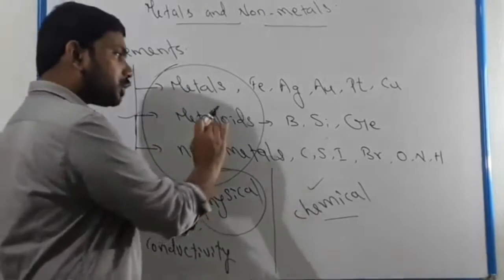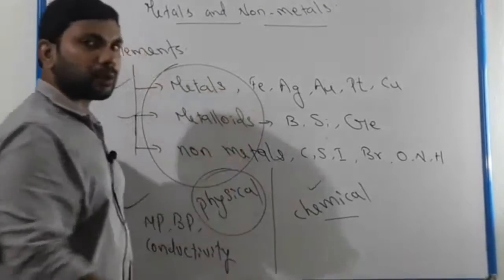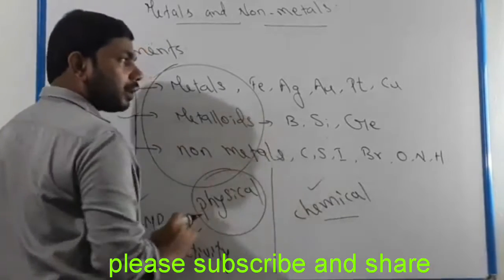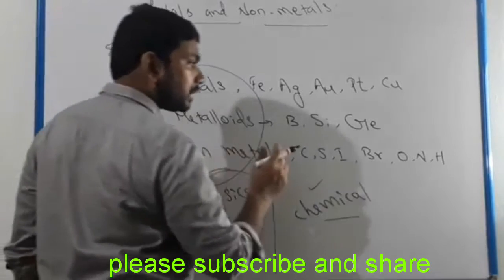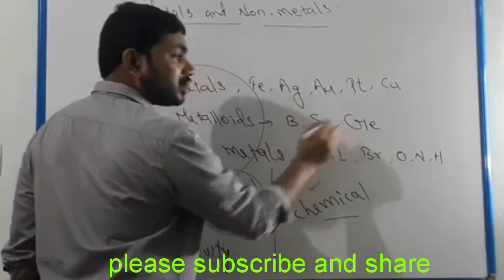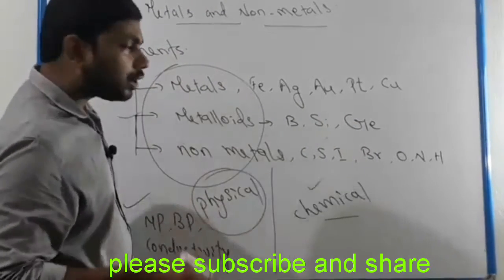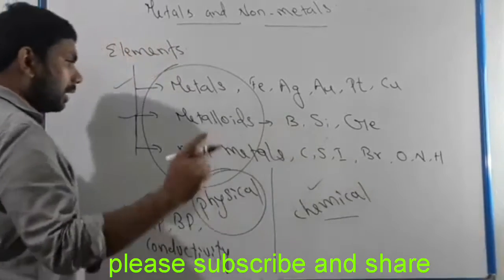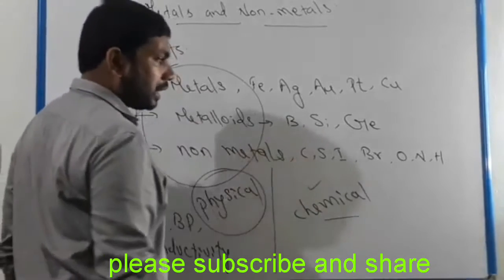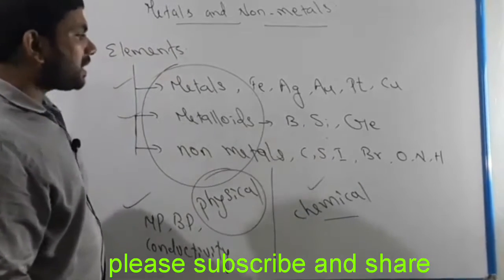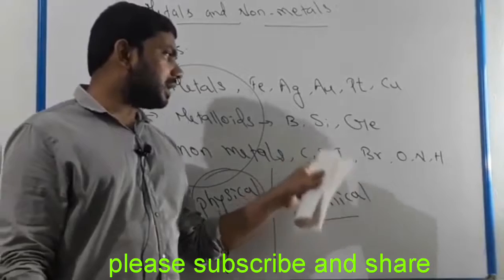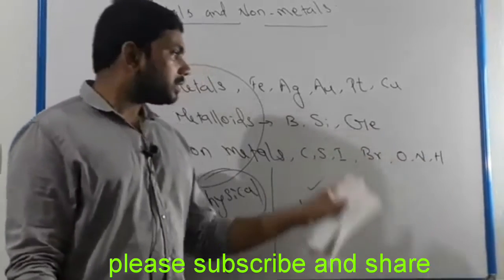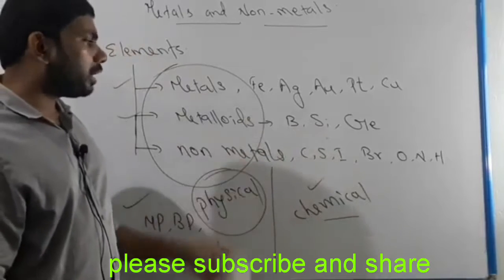Major examples for metalloids: boron, silicon, germanium. Another classification is non-metals. Examples: carbon, sulfur, iodine, bromine, oxygen, nitrogen, hydrogen.